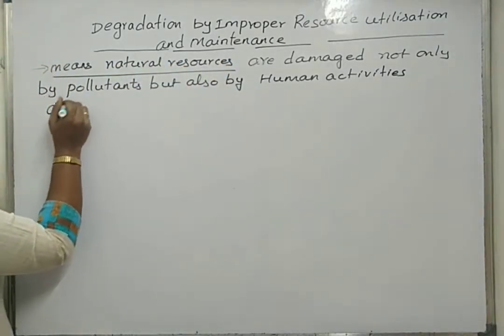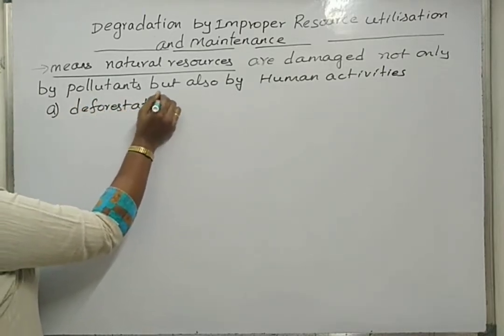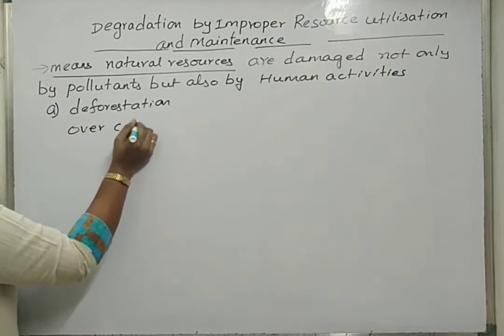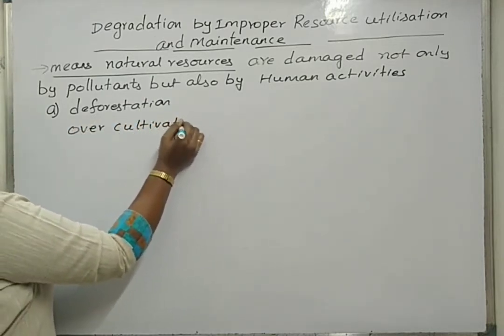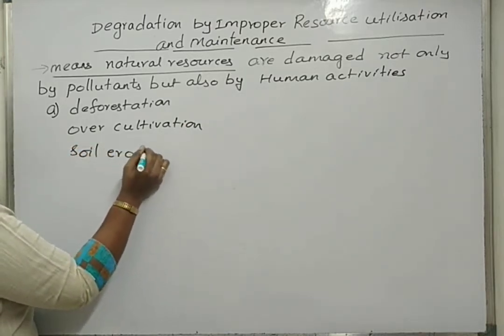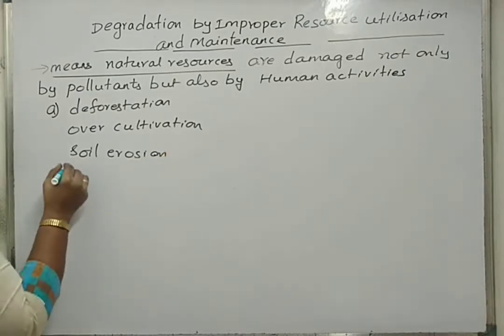First we can explain deforestation. Next, overcultivation. Next is soil erosion. Next, poor irrigation practices.